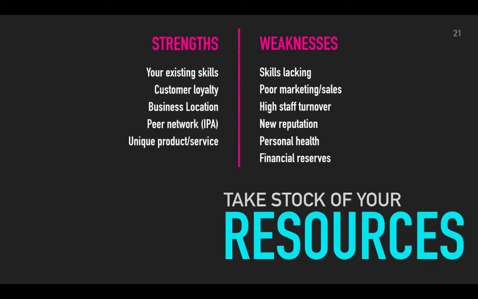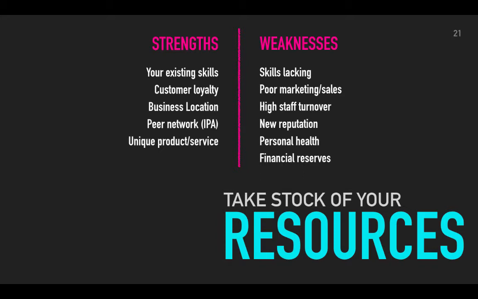But then what is also important when we're taking stock of our resources is to look at all of our resources, not just us as an individual, but as a company or a business, an entity. What are the total sum of our strengths and weaknesses? And this is where we can look to our existing customers and say, all right, we've got really good customer loyalty.